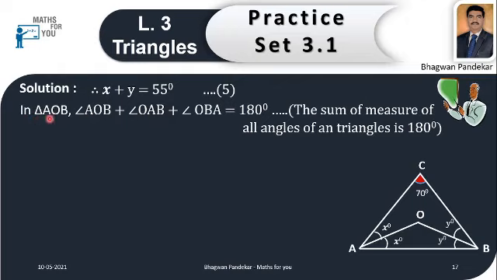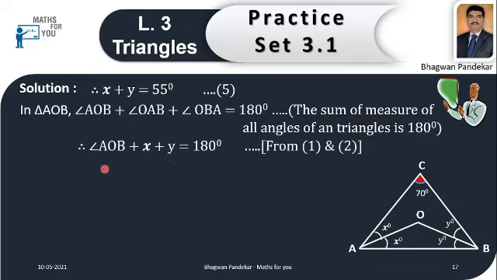In triangle AOB, angle AOB plus angle OAB plus angle OBA is equal to 180 degree. Reason is the sum of the measures of all angles of a triangle is 180 degree. Therefore, putting the values of these angles, we can write, angle AOB plus x plus y is equal to 180 degree.